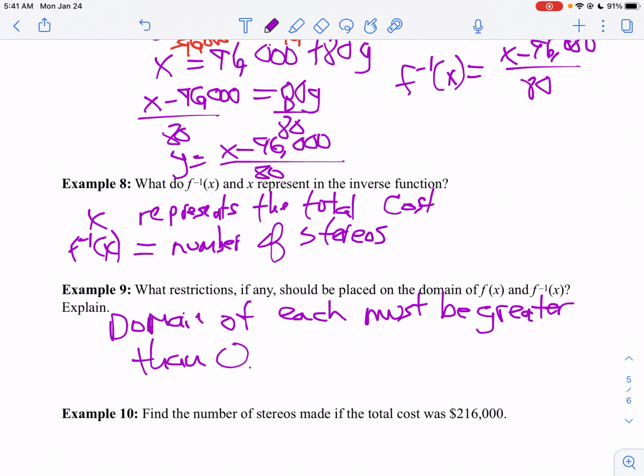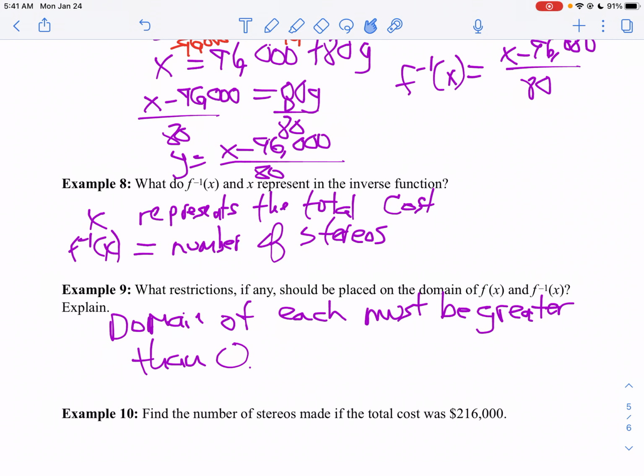We get that more from the application than we do from the equation. And they have to be integers also, don't they? Because you can't have a part of a stereo.